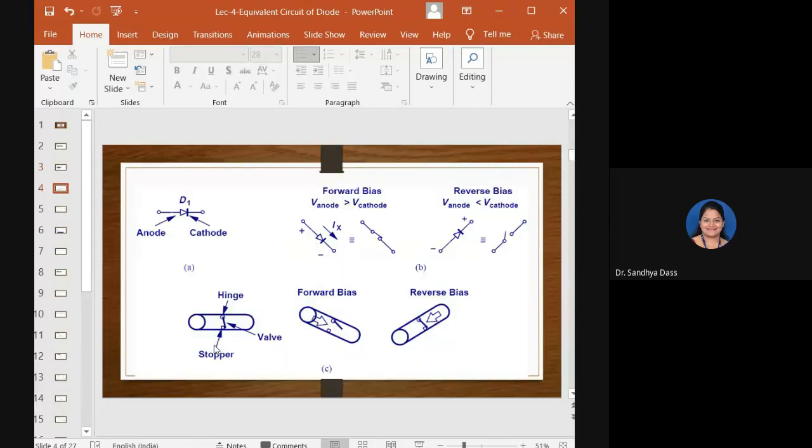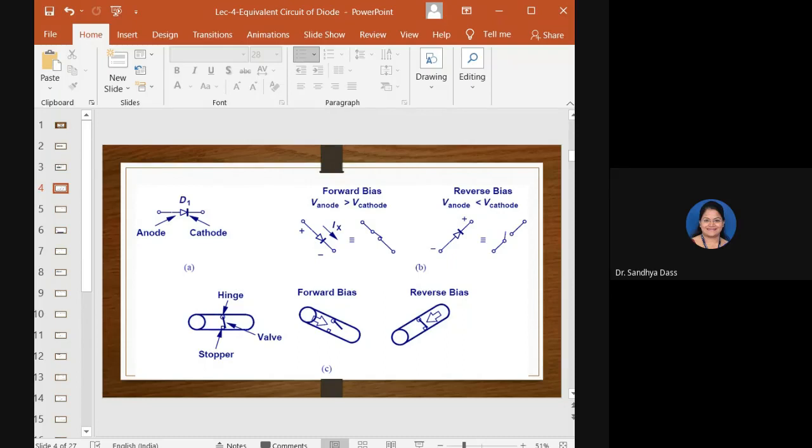Typically, we know the case where the diode is forward biased. The figure indicates that the voltage drop across the diode is 0 for any value of diode current.